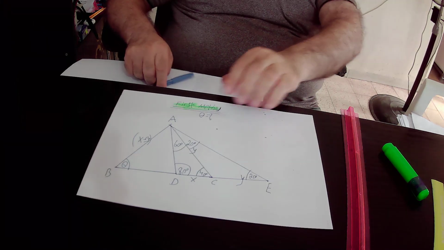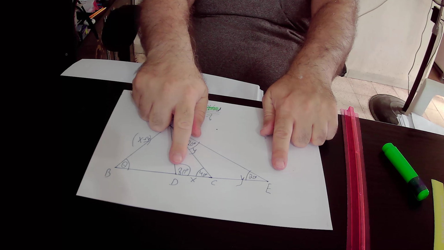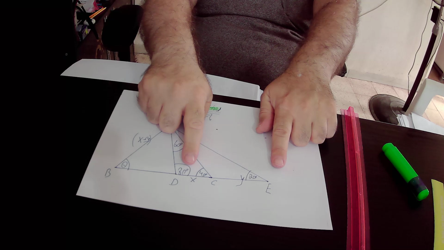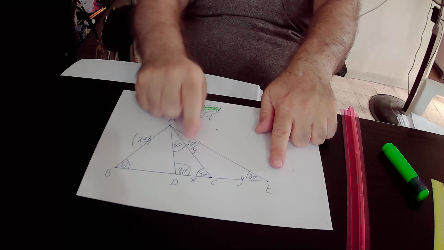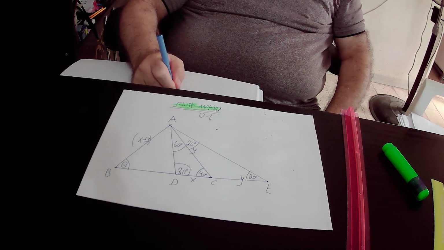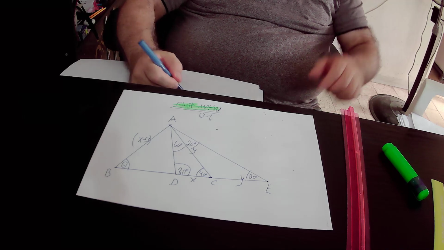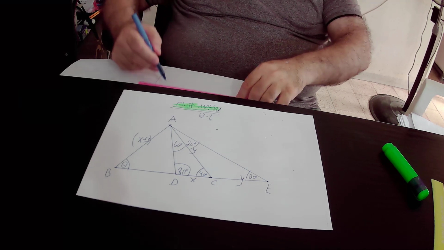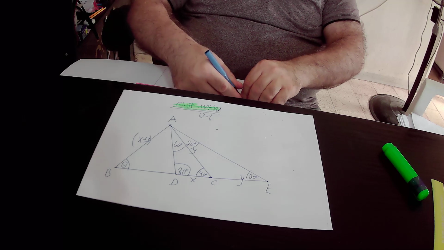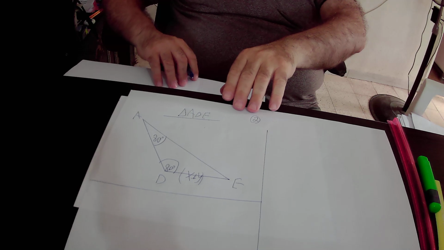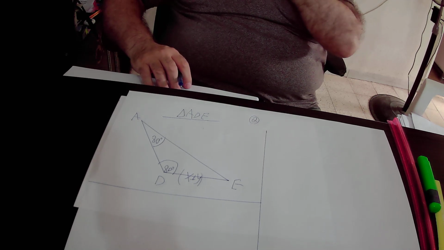What is the size of side DE? Side DE equals DC plus CE. That is to say, DE equals DC, that is X, plus CE, that is Y. So in total, DE equals X plus Y. So this is triangle ADE that I copied from the original drawing.